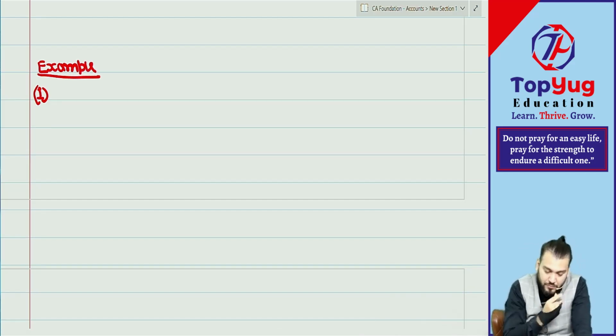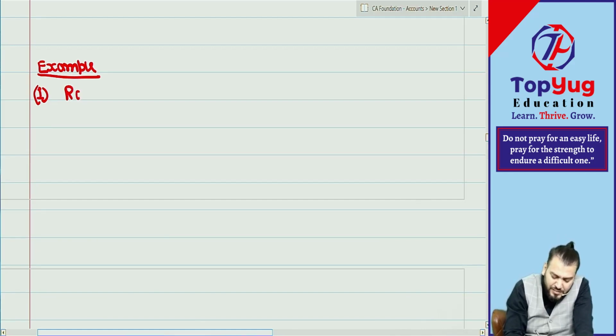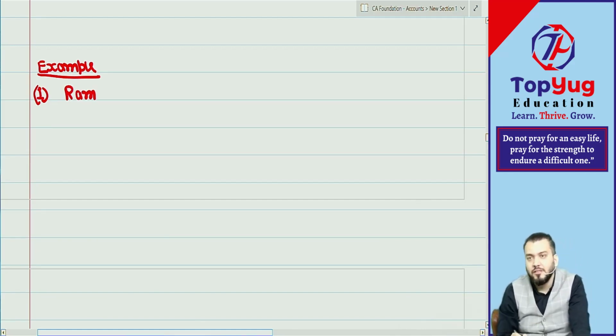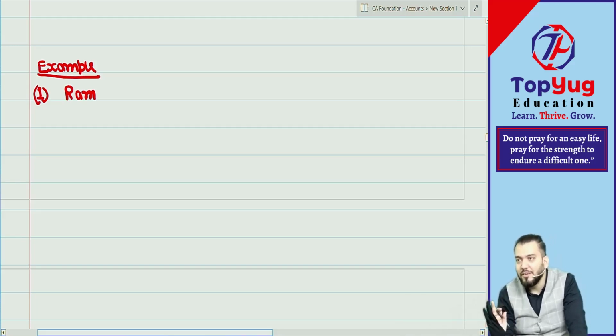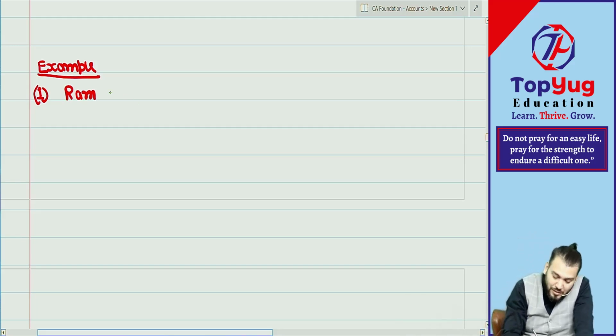First example. I'm starting with a very basic transaction. Ram in our example is always what? Honor. Okay. Ram commenced business by introducing cash. I think the first transaction you have done was this only.